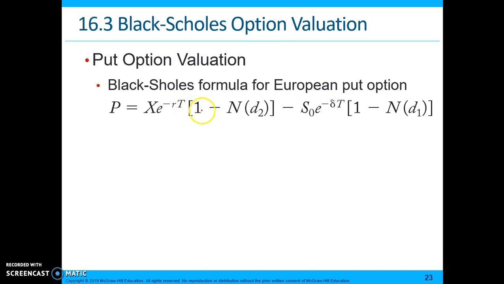And because we're on the other side of the trade, the put option, we have 1 minus the probability of a normal random draw being less than D. So minus the stock price, again, the exponential minus the dividend yield multiplied by time, again 1 minus, because we're on the other side of that distribution. So in this case, the lower the value of D, the more likely we are to be in the money.